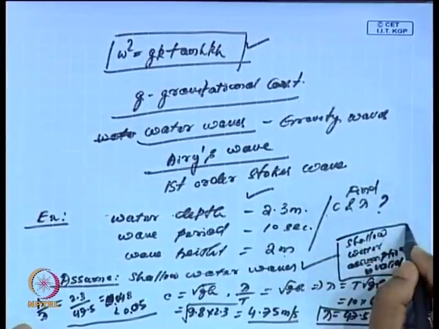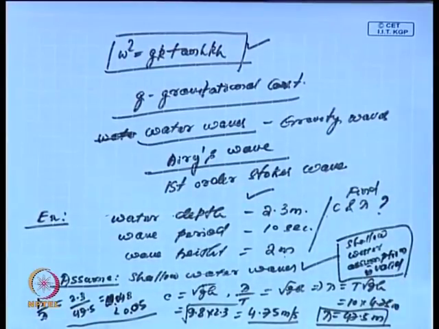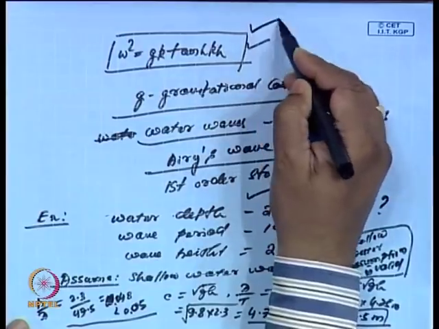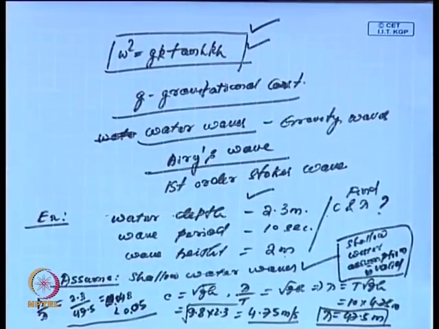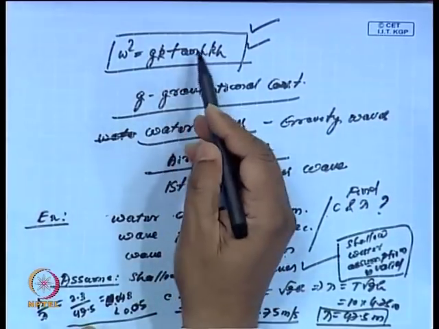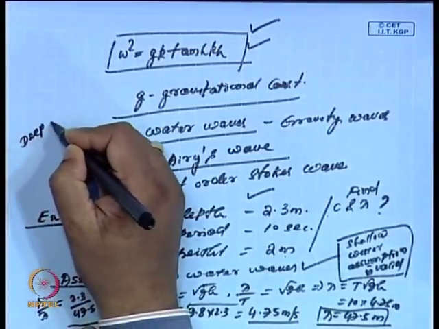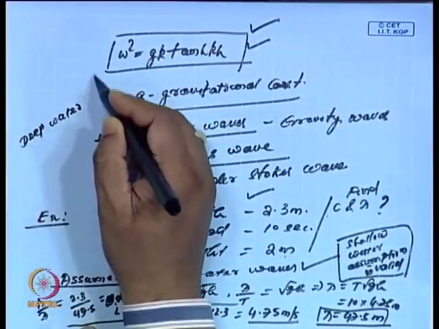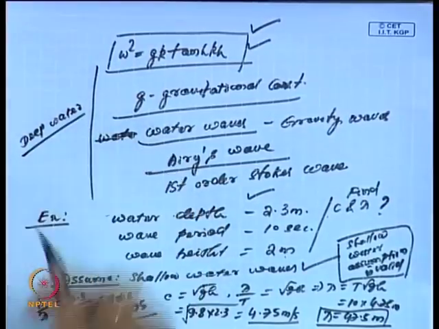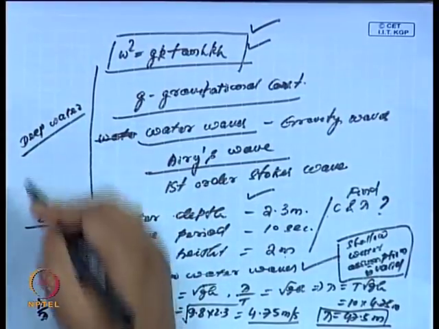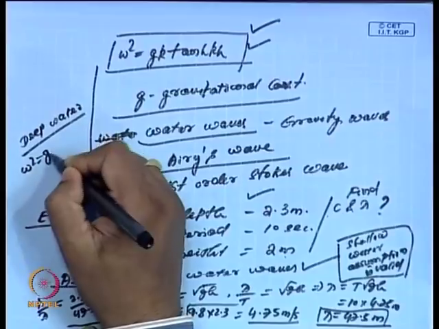But it is not always necessary that the assumption holds. If it is not valid, then in the other case I have to go to this equation, that is omega square is equal to g k tan hyperbolic k h. Often we try to validate this; suppose it is a case of deep water, and if that is not valid, we have to consider the case of deep water, where omega square is g k.